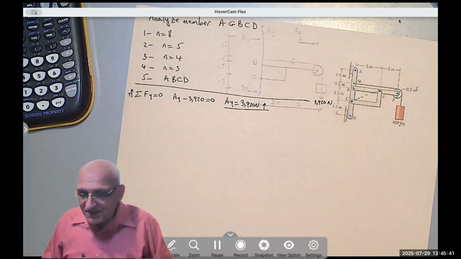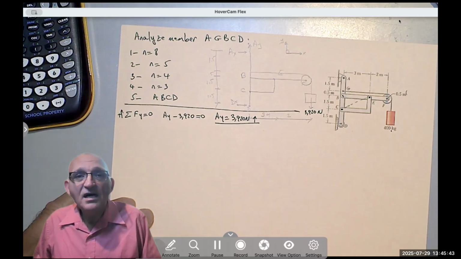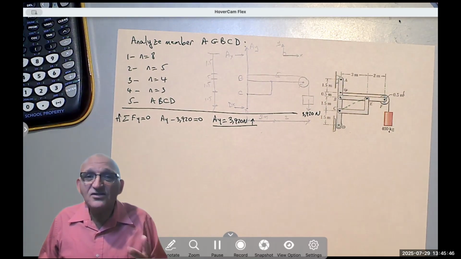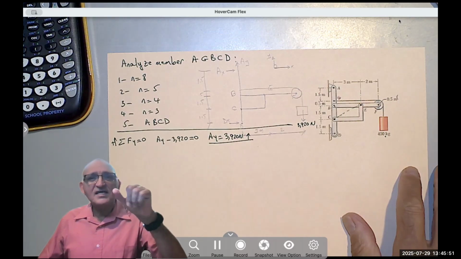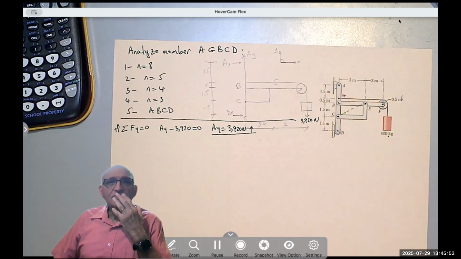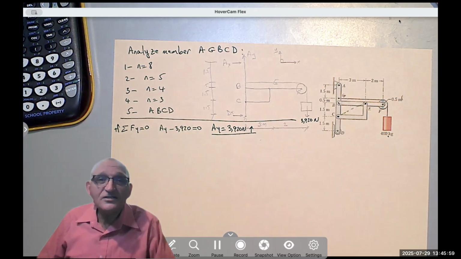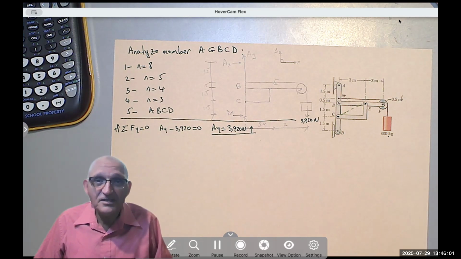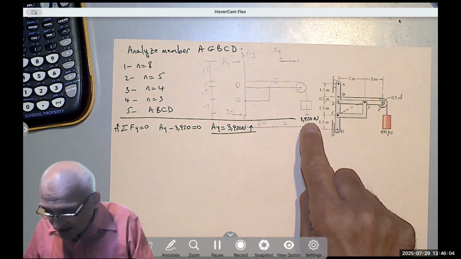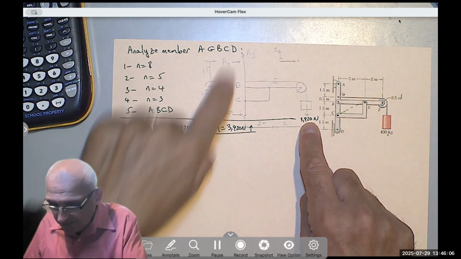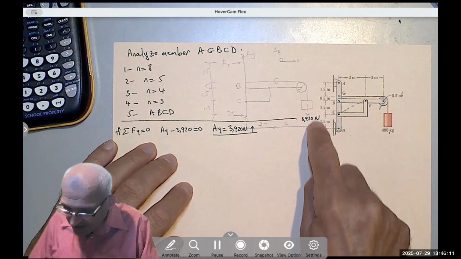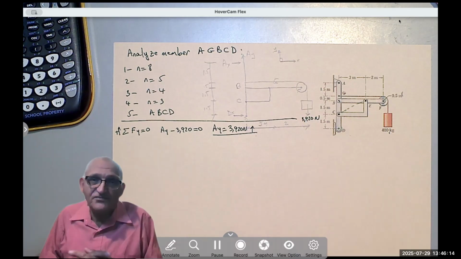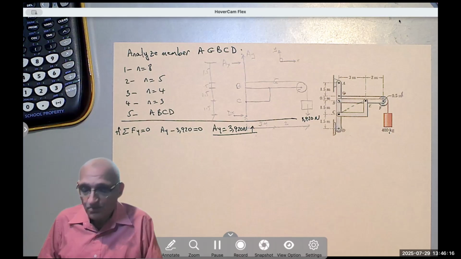In fact, some people would say, I don't really need to take the moment about another point and take the summation of the forces in the X. How else can I solve this problem? If you learned couples properly, you would say that the 3920 and the 3920 going up here is a clockwise couple, and its magnitude is 3920 times the perpendicular distance, which is 5, right?